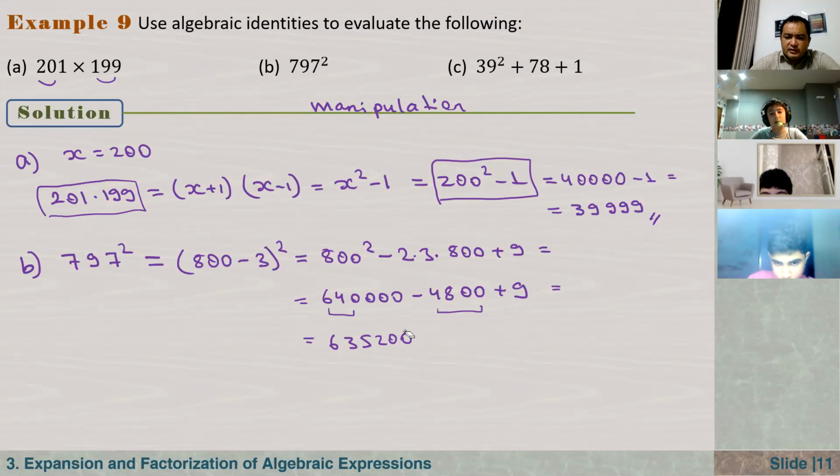So the answer is 635,209. It's a bit long, but without using a calculator, we get the answer with the help of algebra. And how about C?